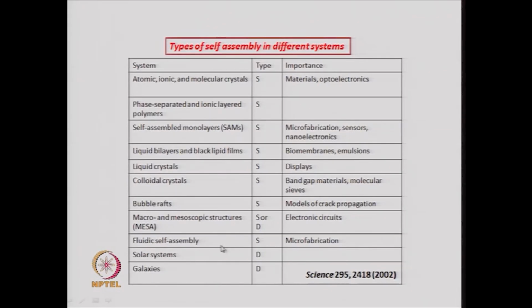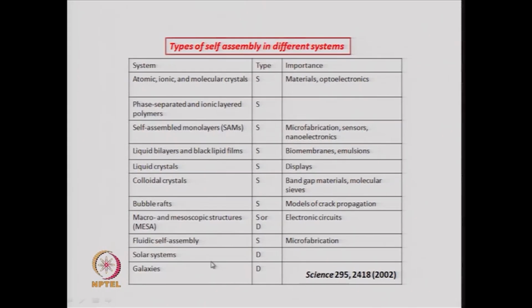Dynamic self assembly, as I said, can be seen in solar systems and in galaxies, where you appear to see a particular assembly of planetary material, and during this assembly there is always energy being dissipated. So, very large systems.